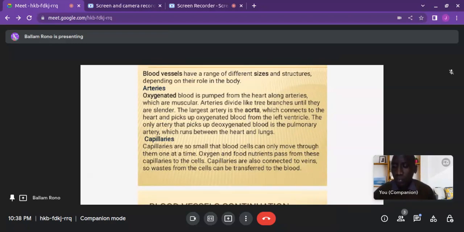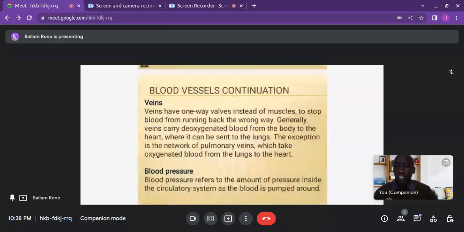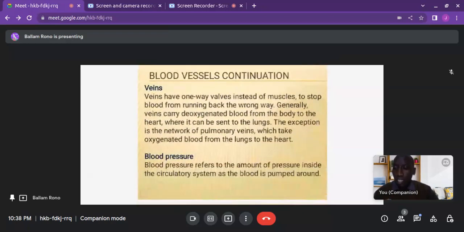Then we have the capillaries, which are so small that blood cells can only move through them one at a time. Then we have the veins. Veins have one-way valves instead of muscles to stop blood from running back the wrong way.